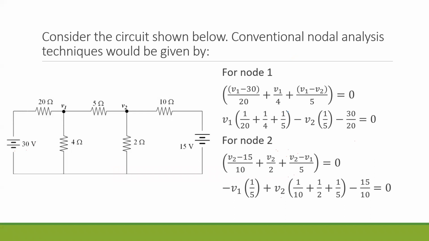That was from before, sir. Apologies. All right, Mr. Blackwood, what are the resistive elements connected to node 1? The 20 ohm, the 4 ohm, and the 5 ohm.